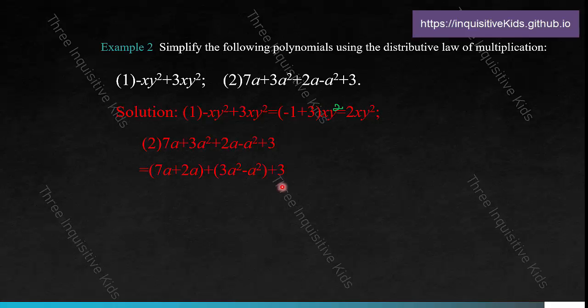So it's good if you have some sort of symbol or marking that will tell you more clearly which ones are like terms and which ones are not. As we can see here, this constant term 3 is the only one and it cannot be paired up with any other terms, so it's just at the very end. Basically we use the distributive property to factor the a's and the a squareds out. We simplify and that gives us 9a plus 2a squared plus 3.